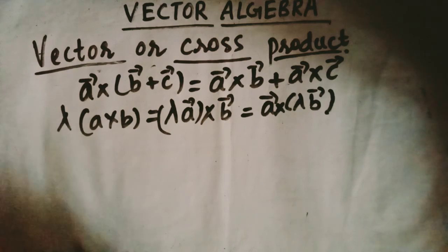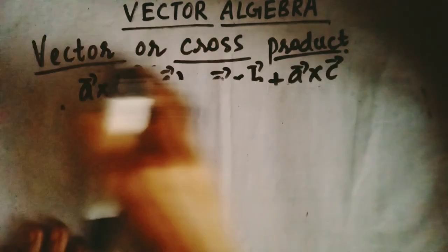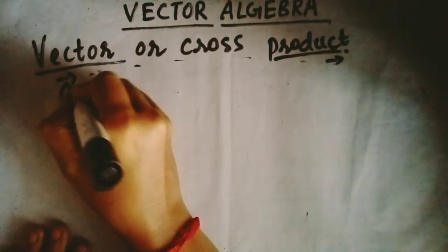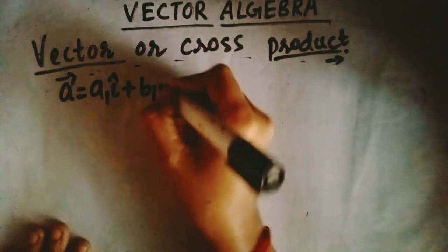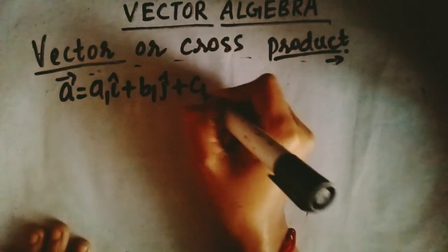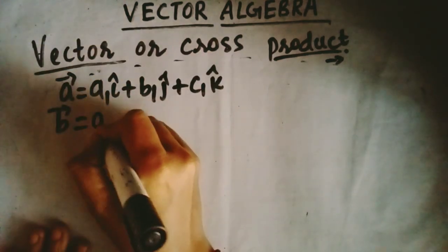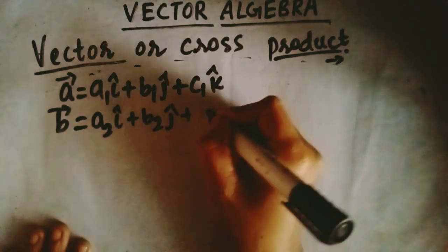Okay, and if you have two vectors, A vector is a1i plus b1j plus c1k, and your B vector is a2i plus b2j plus c2k.